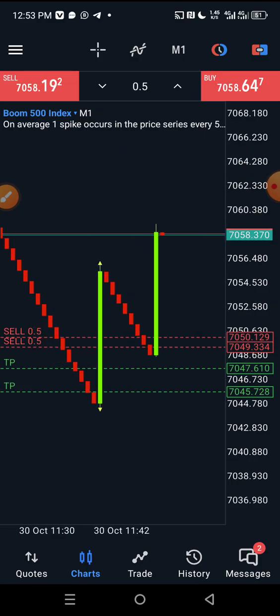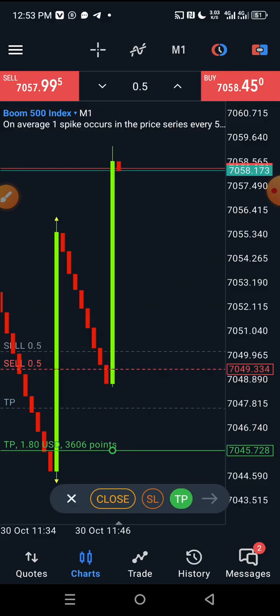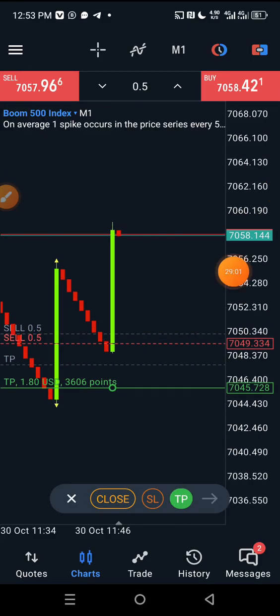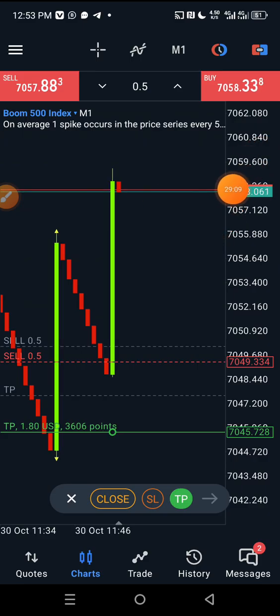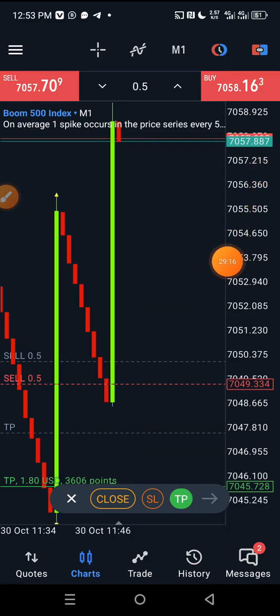The next episode should be stop loss, because remember, when you click there, you have take profit, you have stop loss. We have just discussed take profit. The level of price where you instruct the market to close in profit or in your favor automatically is the take profit. So let's now go over to the stop loss in the next episode.